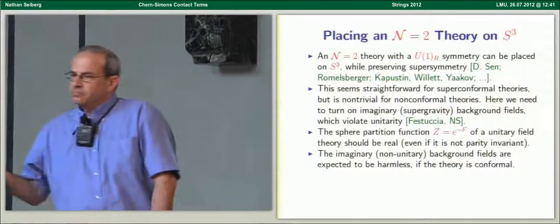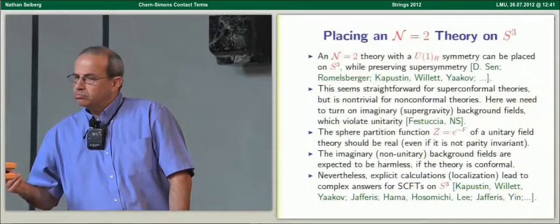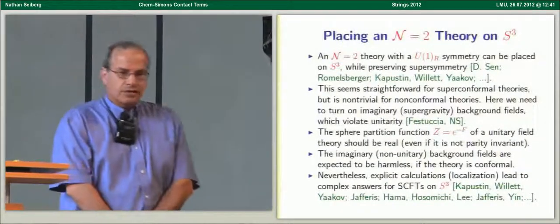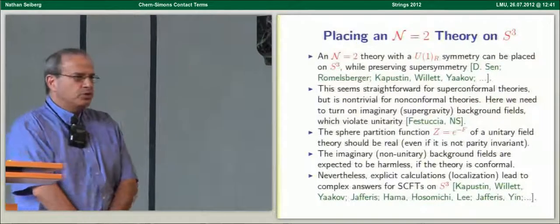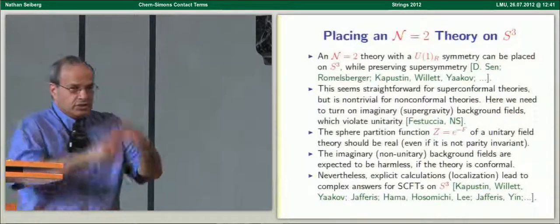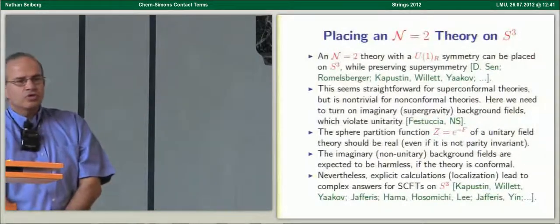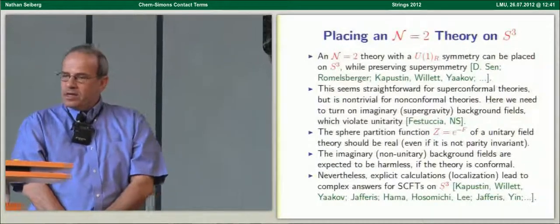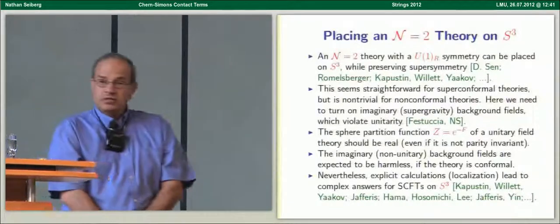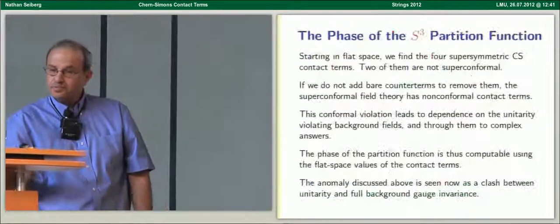However, explicit computations by various people have led to complex answers. These people computed using localization this S3 partition function while preserving supersymmetry, and the answer turned out to be complex. How should we interpret the phase of the partition function?